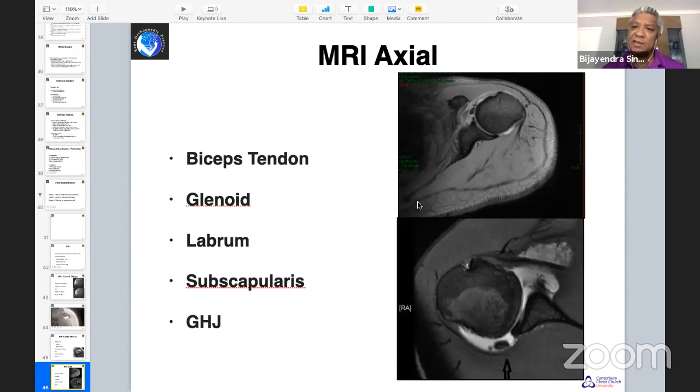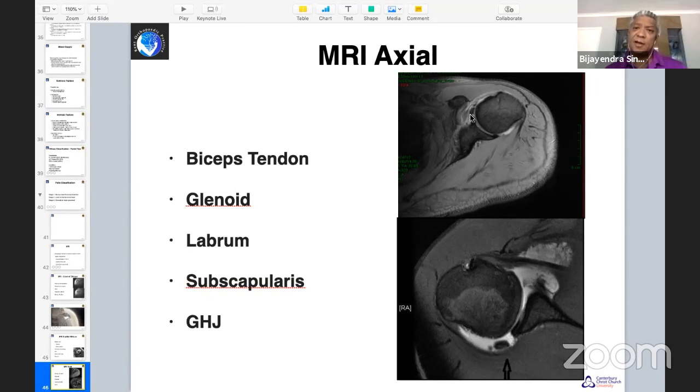The axial scans are useful to look at the biceps tendon, which is important in all patients, particularly if you've got a traumatic cuff tear, as often these are fairly massive tears. Look at the glenoid, the labrum, the subscapularis.